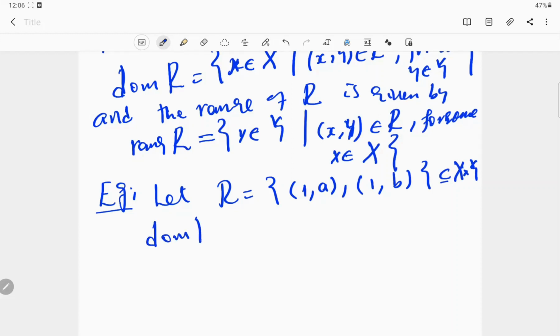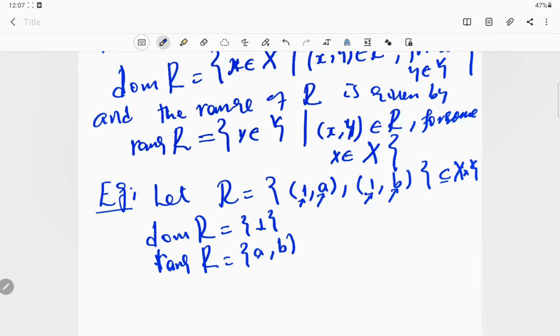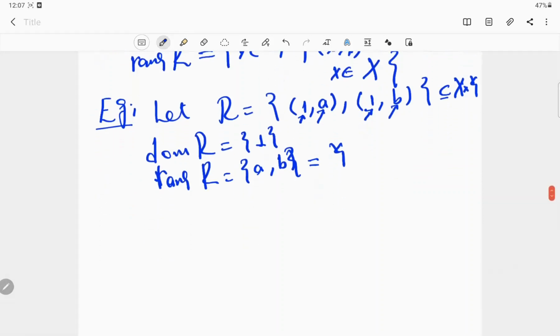The domain of R is the set of all first coordinates. Here the first coordinates are equal, so we say it's 1 only. And the range of R is given by the set of all second components of the ordered pairs inside the set R, which are the set containing a and b, or in other words, Y. So similarly, you can think of others.